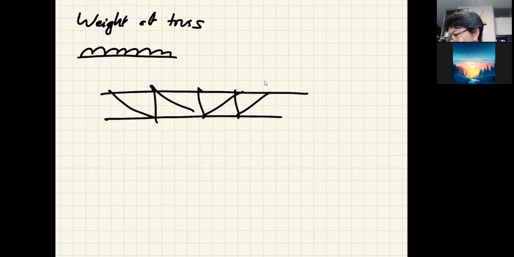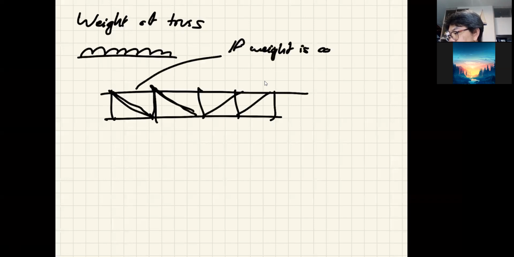Whatever that is, okay? If I consider the load, if weight is considered, what do we have here? If the weight is considered, it means that you have a uniform load all over the place like this.